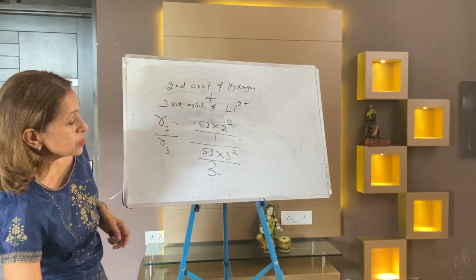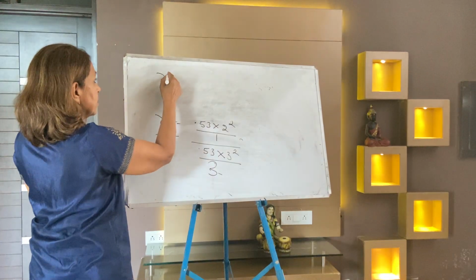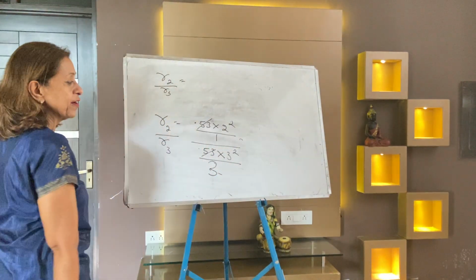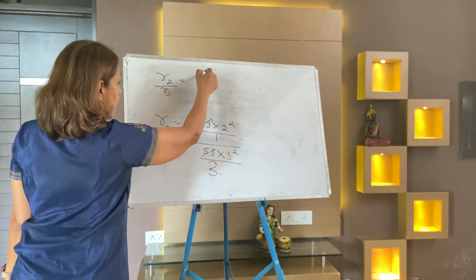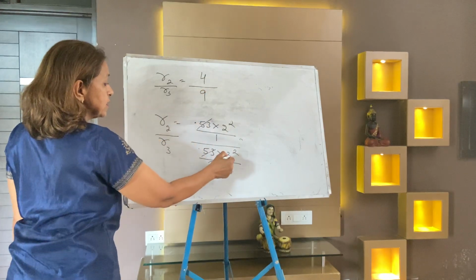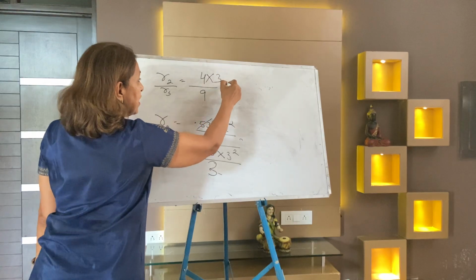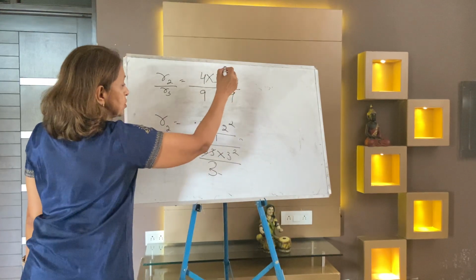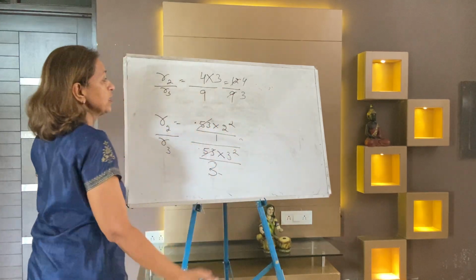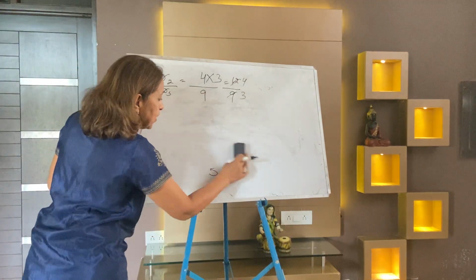So dividing these two, radius of the second by radius of the third, the 0.53 cancels, the answer will come 4 divided by 9, and 9 by 3, so 3 will come here. So it is 12 by 9, you can cancel, it is 4:3. Now your answer is 4:3.